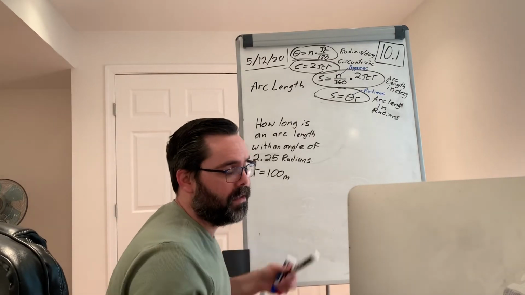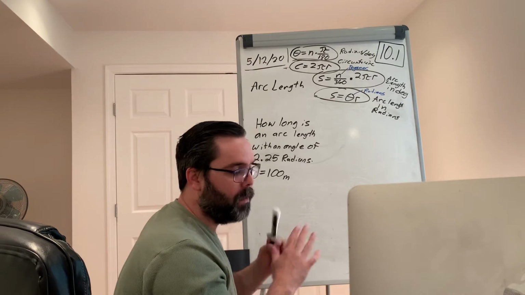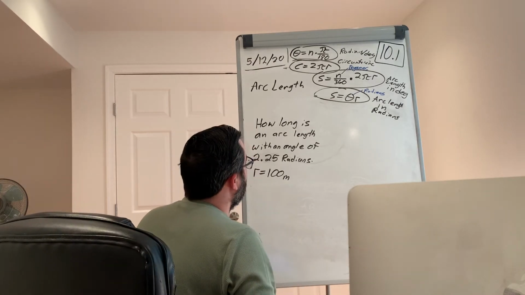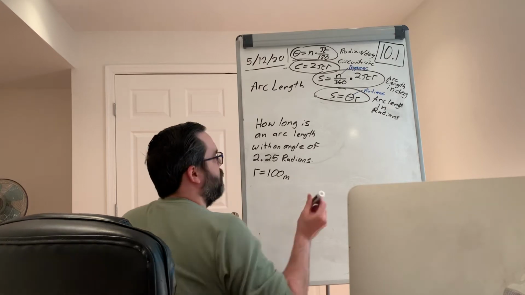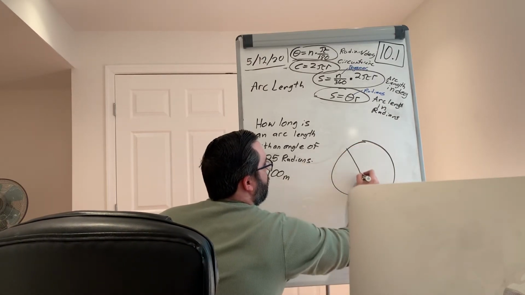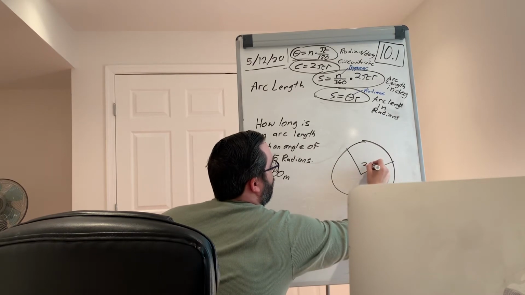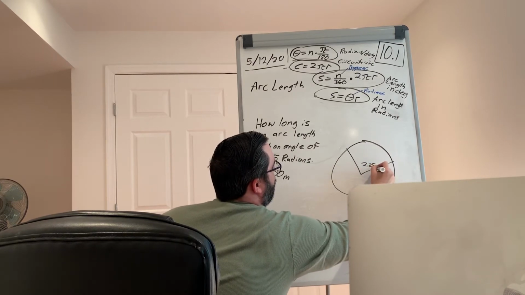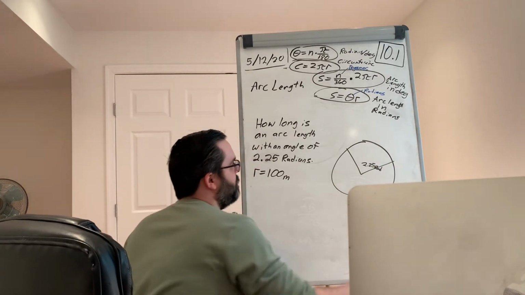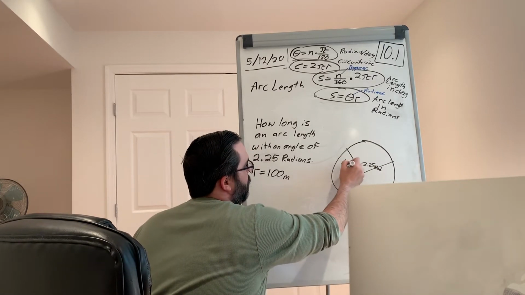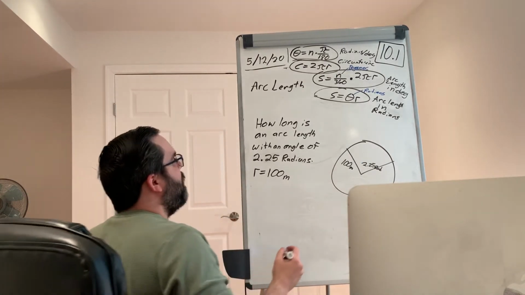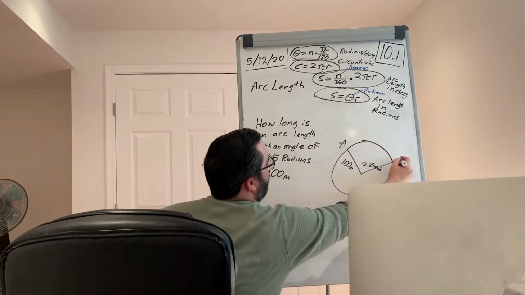I don't know the answer to this yet, so my angle is going to be totally off. So the arc is 2.25 radians and the radius is 100 meters. So the question is, how long is AB?